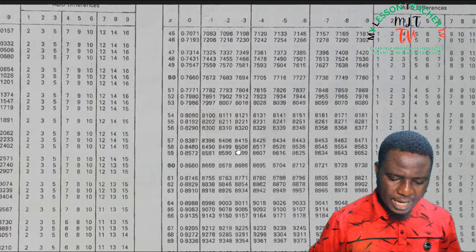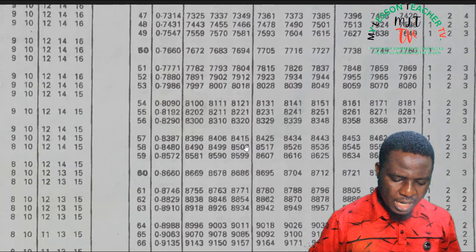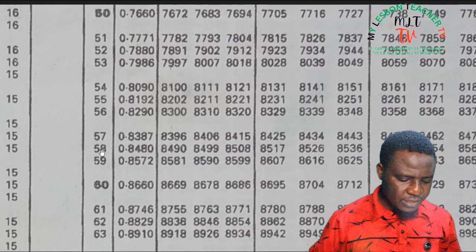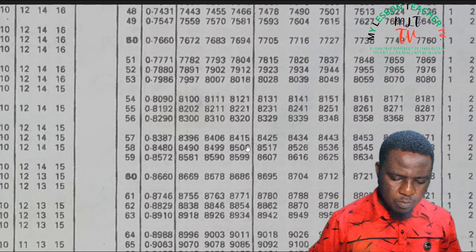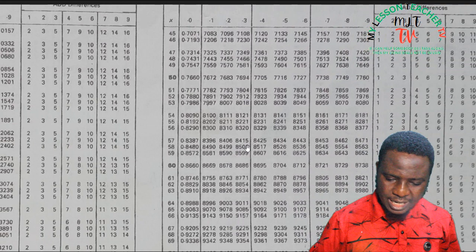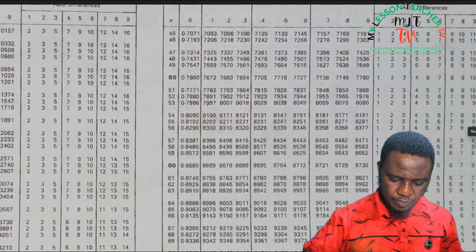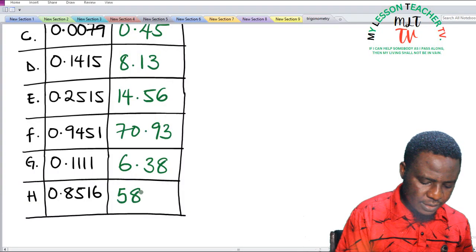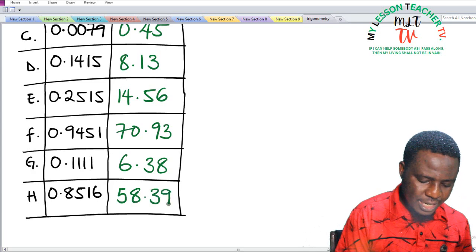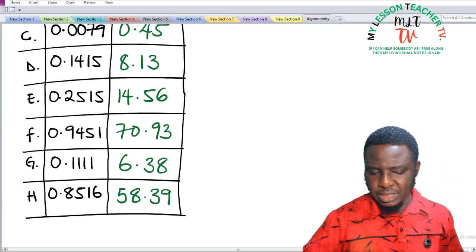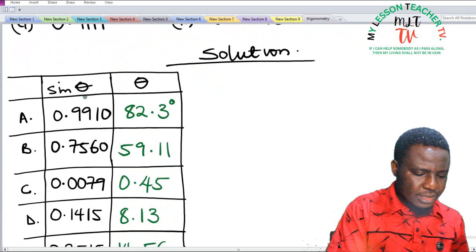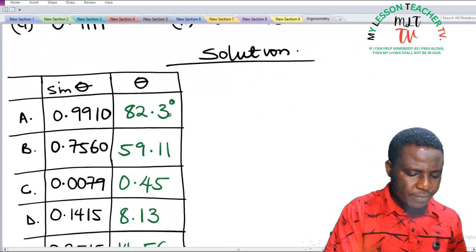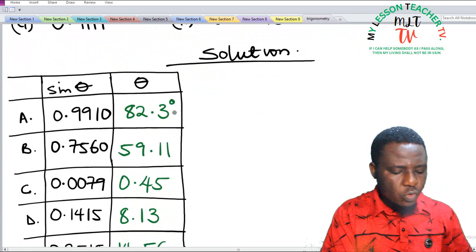So which when added to this gives us 8516. So our answer then becomes 58.39.